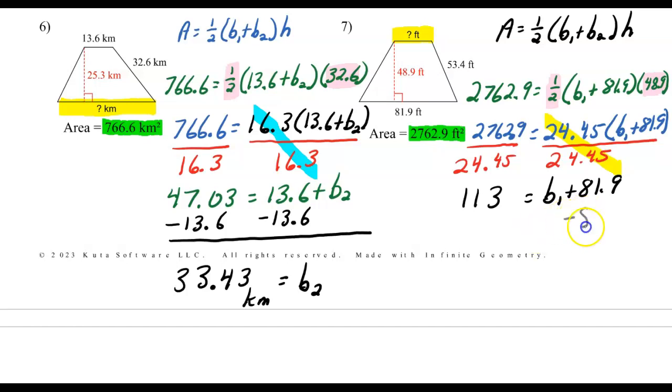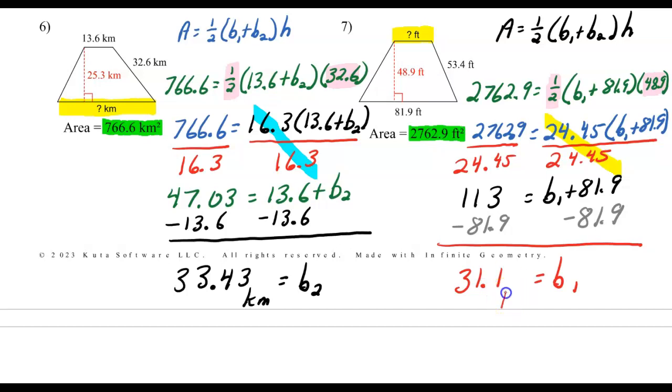I'll subtract 81.9 from both sides. When I do that, I'll get base 1 is equal to 113 minus 81.9. I'll get the first base to be about 31.1 feet.